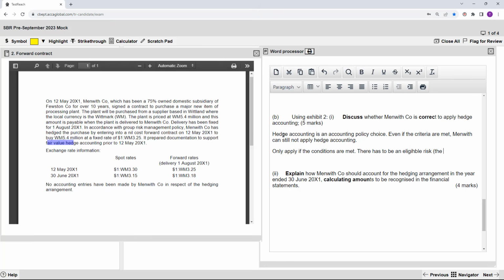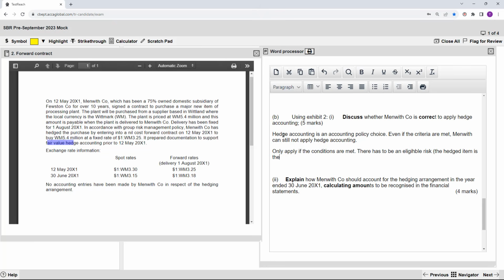And the hedged item is this commitment, which we've got. The hedged item is the commitment to pay in a foreign currency, after the year end. So we are exposed. We have a risk. And if you're hedging, you're covering that risk.